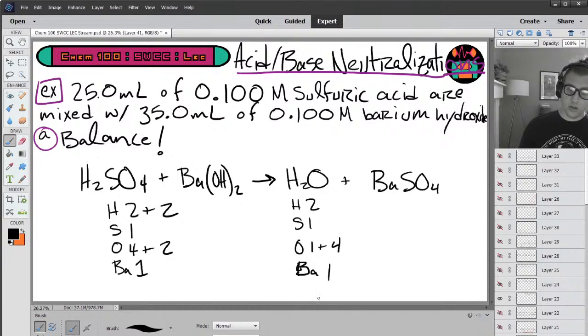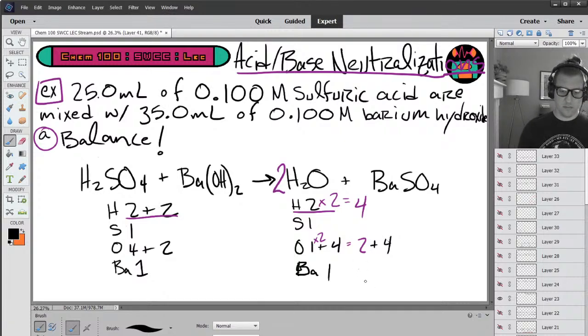All right, again, go for the easiest possible thing that jumps out to you. The one that jumps out to me is hydrogen. We have 4 on the reactant side, 2 on the product side, so we need to multiply water by 2. This will alter both hydrogen and oxygen simultaneously. Now we have 4 hydrogen, and we have 2 plus 4 oxygen. All right.